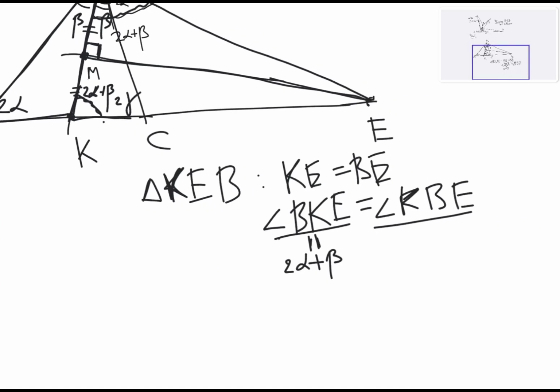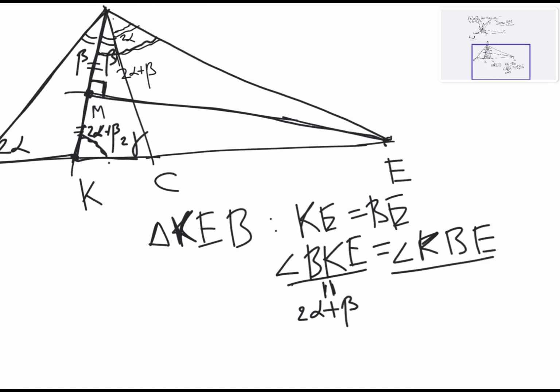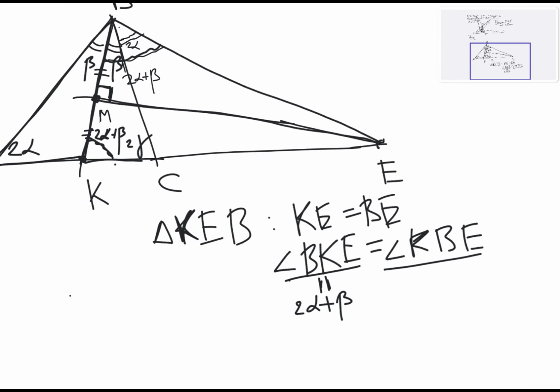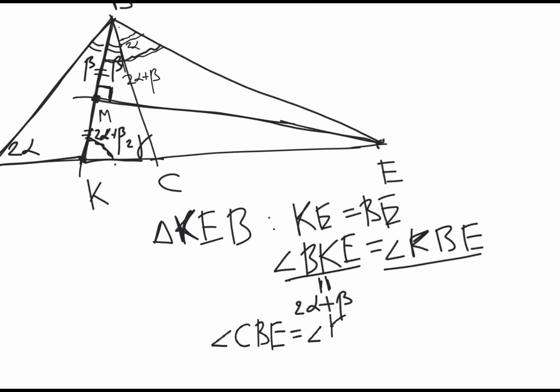So we calculate the angle CBE as the difference between the angle KBE minus the angle KBC.